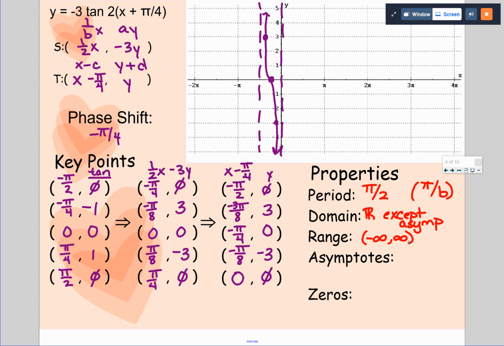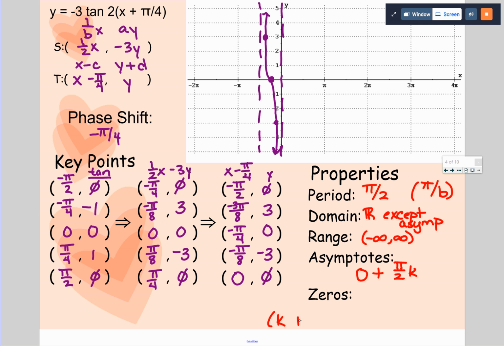Okay. Asymptotes and zeros, you can use your key points that you've got here. So asymptote, pick either asymptote. I'm going to pick 0 because that's a nice, pretty number. And then remember, it's always plus the period times k. We already named the period. It was pi over 2. K, and then when you introduce k into a problem, you need to say what it is.